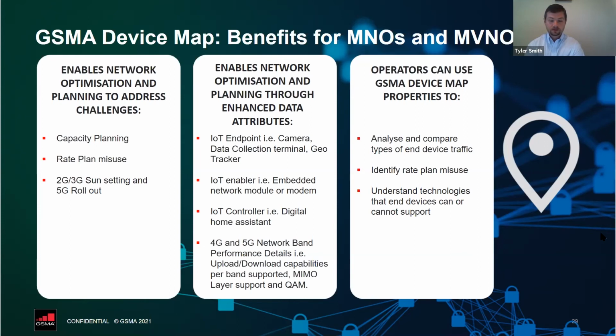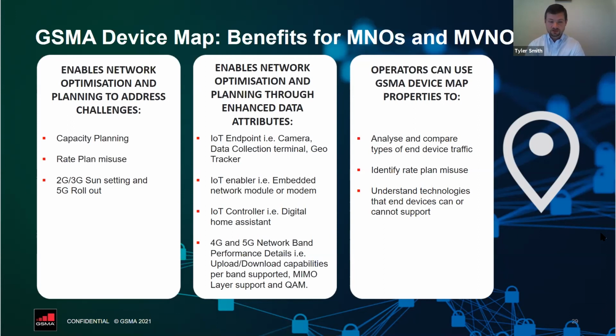So if you're able to accurately identify that, say, X number of devices exist, and Y of those devices are utilizing a certain percentage of your current network capacity, then perhaps you could use this exercise to help determine, hey, I've only got 10% of 2G and 3G devices running.